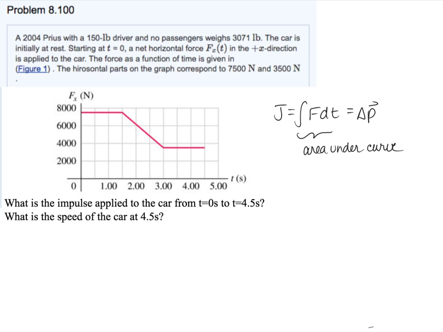And so the first question asks, what is the impulse applied to the car from t equals 0 seconds to 4.5 seconds? So we want to go up to here, and basically we want to find this area under the curve.